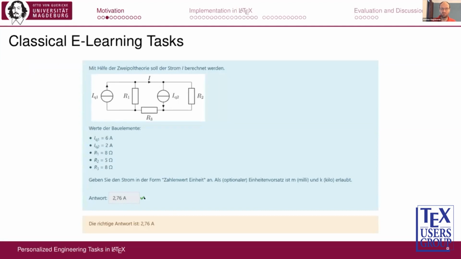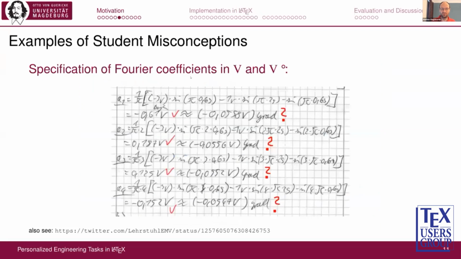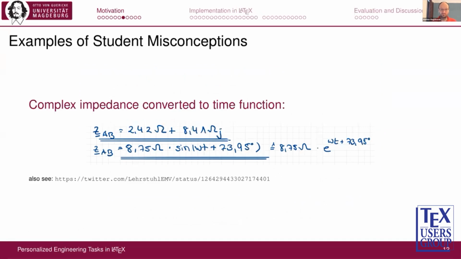Because then the student would say, okay, volt is something that I should calculate. Then I could maybe convert it into volt degree, but I would not do it because it's not asked for. So it's easily visible to capture these misconceptions. And here's another one.